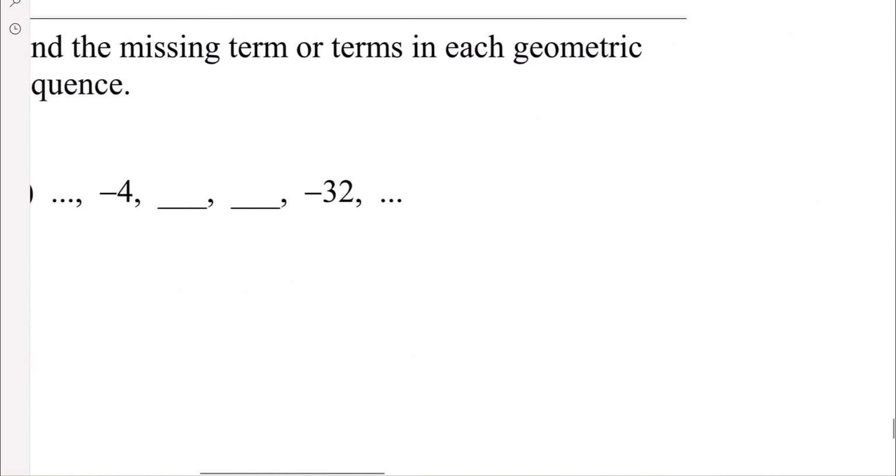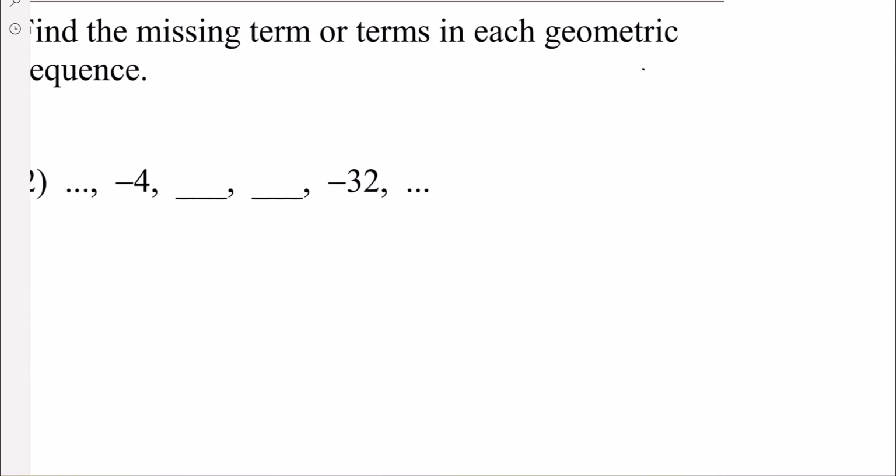All right, let's try it with two blank spaces. So a sub 1 is negative 4, and the exponent that we will use is 2 blanks plus 1, so the exponent will be 3.